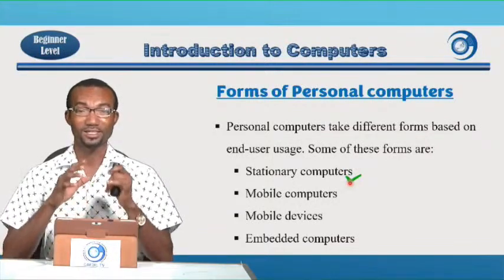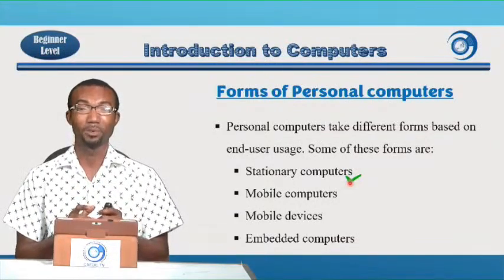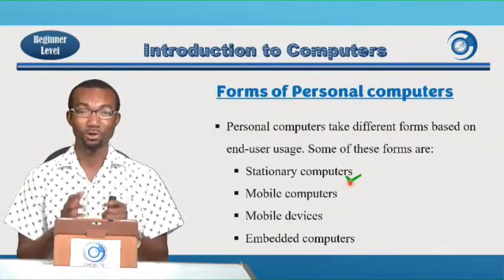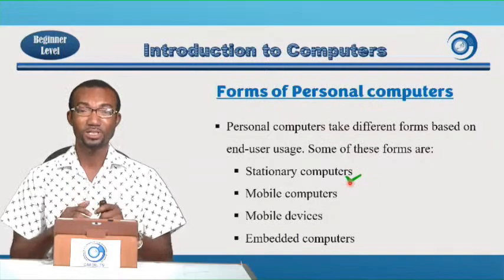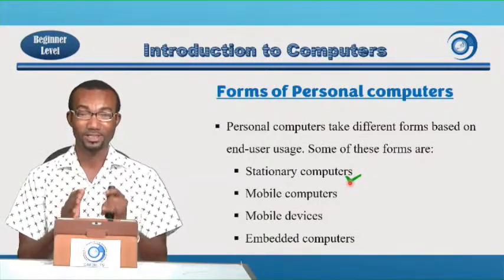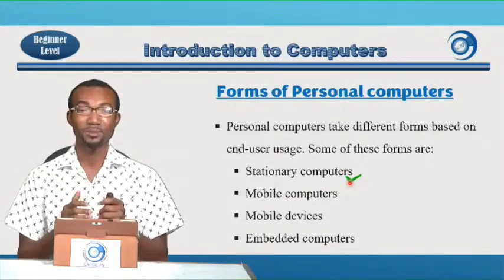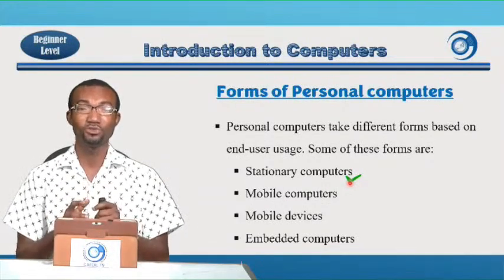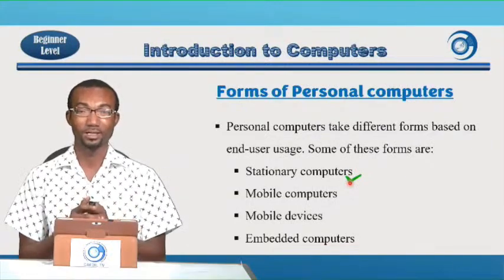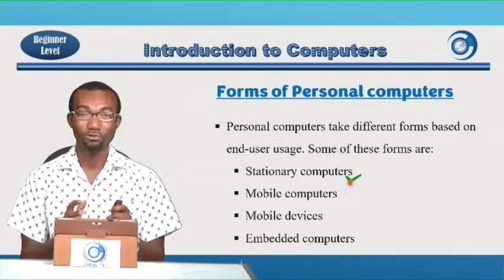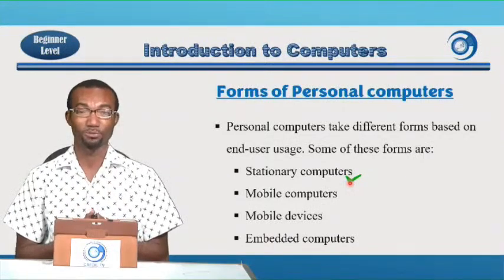We are not saying it is fixed forever, but it is inconvenient to be moving it around. So normally it is positioned at a particular place. It can be moved though, but it becomes inconvenient when you have to move it from one place to another. So due to that, it is fixed at one place so that you can comfortably use that form of computer.